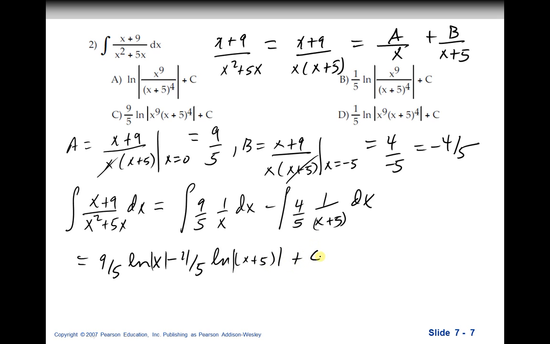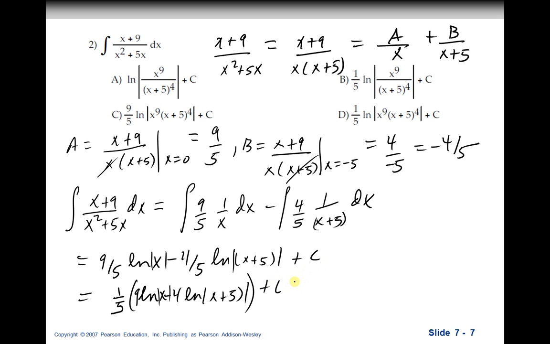Plus a constant. And we can take a fifth factor out and write this as 1/5 times (9 ln of x minus 4 ln of (x + 5)) plus a constant.